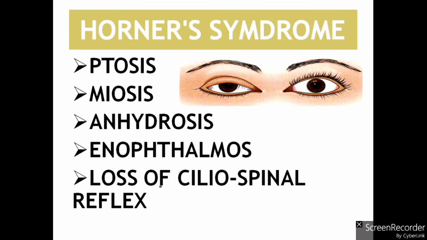That means if the right side of the neck is subjected to a painful stimulus, the right pupil dilates. The increase in size is typically between 1 to 2 mm from the baseline. This is how the eye of a person suffering from Horner's syndrome looks.